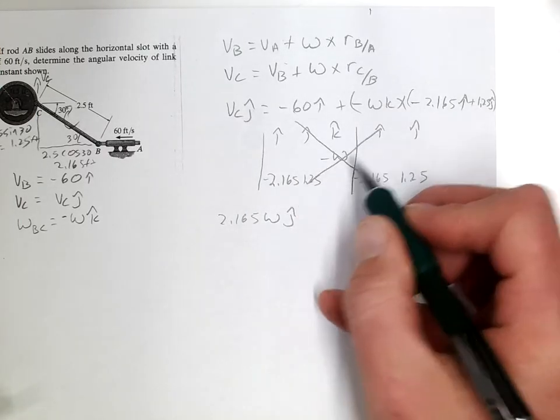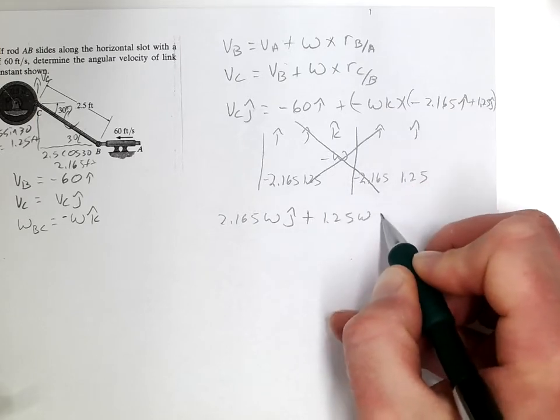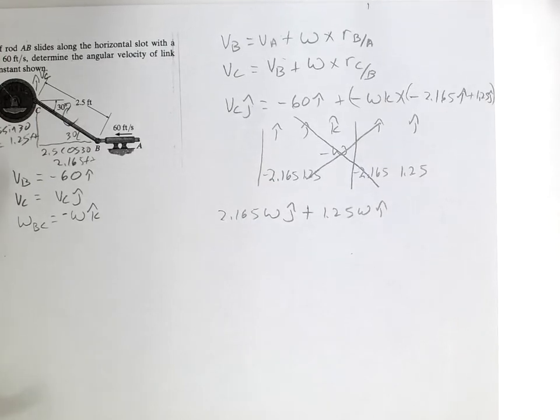And we have a negative going up and negative there, so double negative, plus 1.25 omega in the I direction. So that's the cross product.